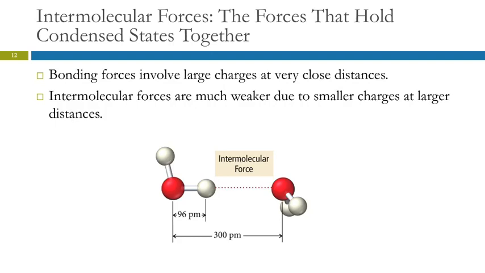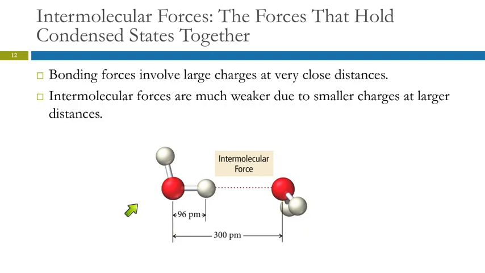So that's going to make them very strong. Bonding forces are covalent bonds and ionic bonds. Intermolecular forces are between molecules, and they are much weaker than bonds because they involve smaller charges and larger distances. So 2 things working against them.